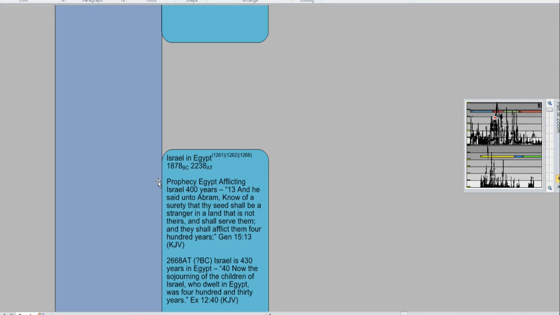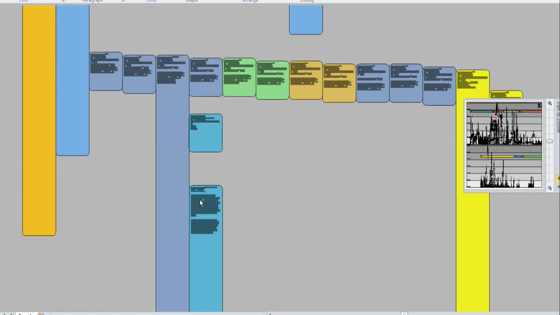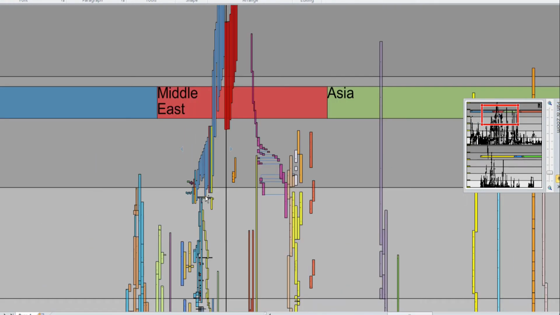If we look at the Exodus according to Masoretic text dates, uncalibrated, these in the periodic table of history get 1878 BC. Bishop Usher puts Israel, that is Jacob and his family, going into Israel in 1706 BC. That is a big deal and a big difference.